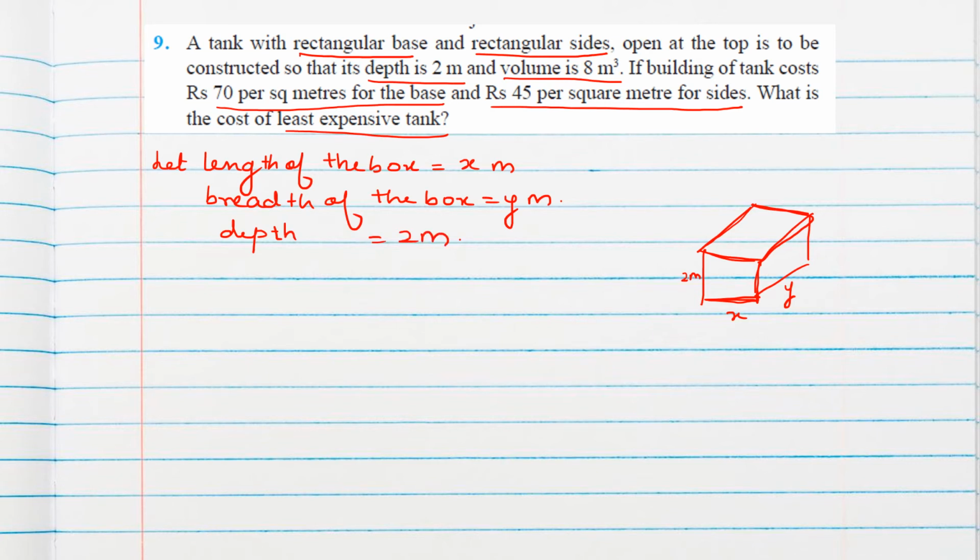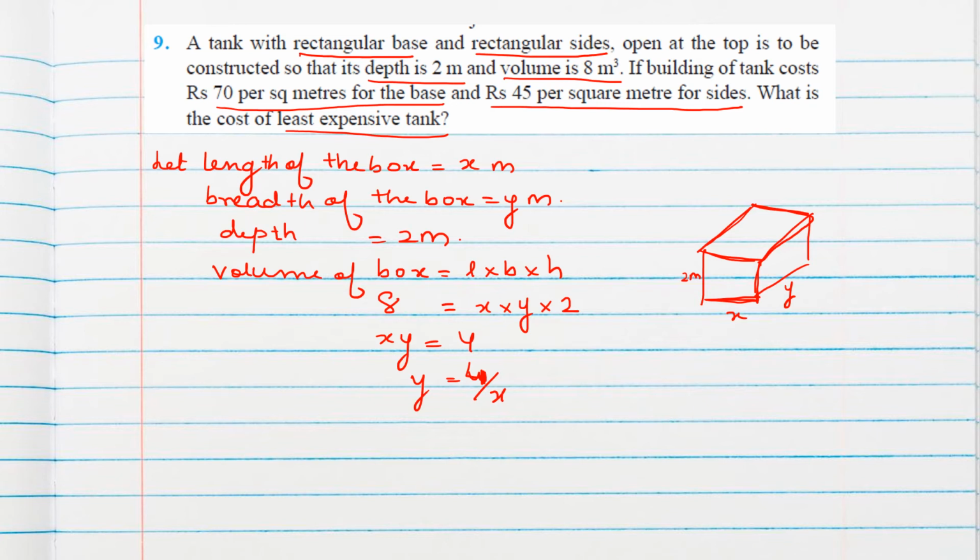Okay, so volume is 8 meter cube. Volume of cuboid, since it is cuboidal in shape, so volume of the box will be what? L into B into H, isn't it? This is given 8. L is x, B is y, and H is 2. So we'll get xy is equal to 4 or y is equal to 4 by x. Okay, this is the relation between length and breadth, y equal to 4 by x.